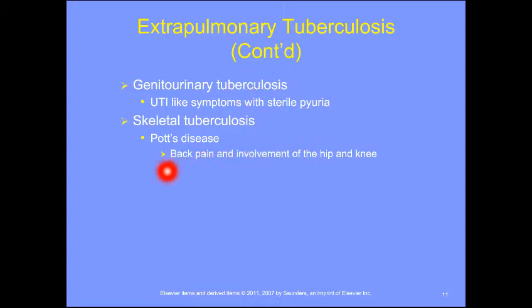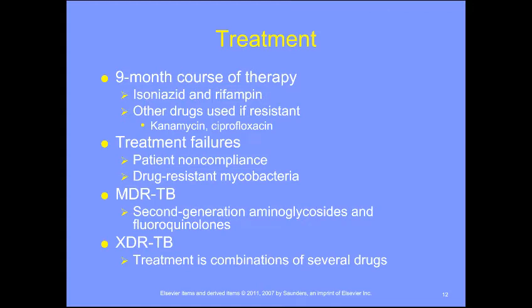Okay? Skeletal tuberculosis, at sinasabi ko kanina, patient ko, POTS disease. Okay? Yung buto kasi yung affected. Back pain and involvement of the hip and the knee. Usually, kapag ang patient mayroong tuberculosis of the bone, hindi na sila nakakalakad.